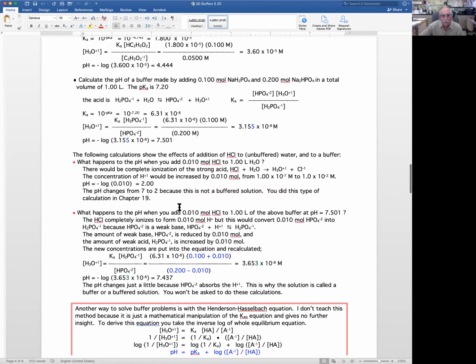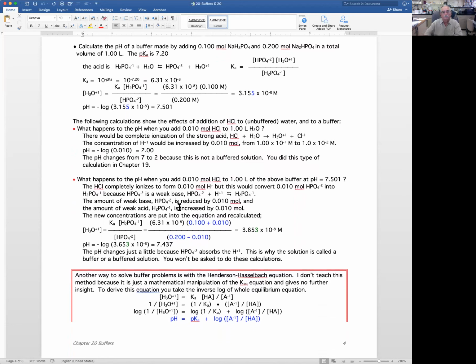So here's another one. Calculate the pH of a buffer made by adding 0.1 moles of sodium dihydrogen phosphate and 0.2 moles of sodium hydrogen phosphate to a total volume of 1 liter, and you're given the pKa. So which one is the acid? This has 2 hydrogens, that has 1. So this is the acid.